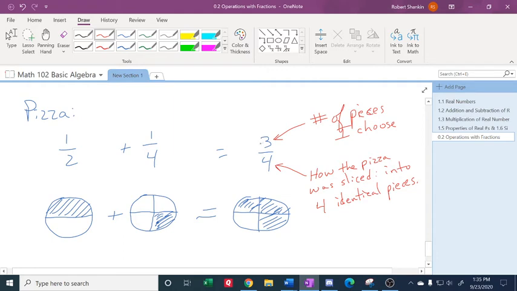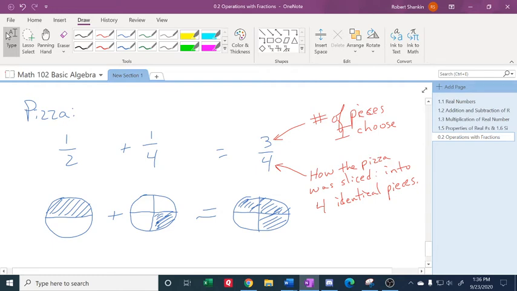The top number of a fraction is actually a concrete thing. It's how many of those things that you have. But the bottom number doesn't represent how many things that you need to add to with something else. It's just how the pizza was sliced up in the first place.